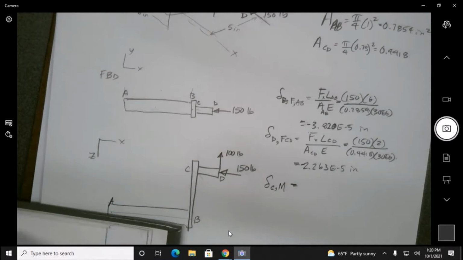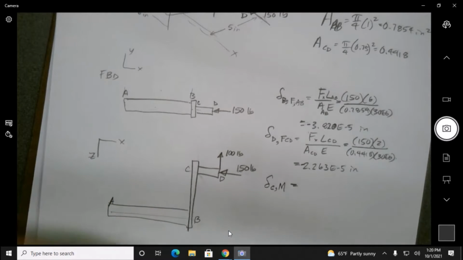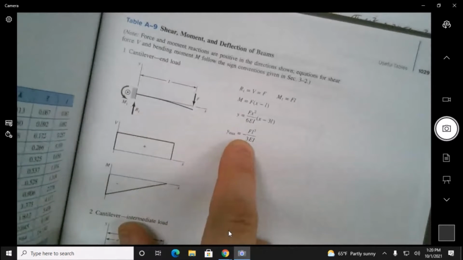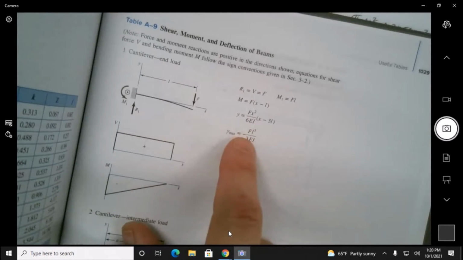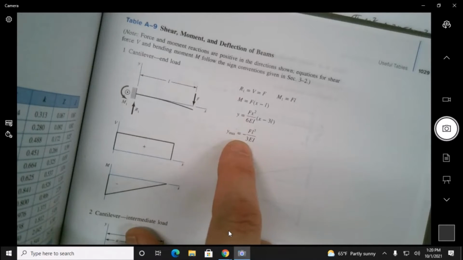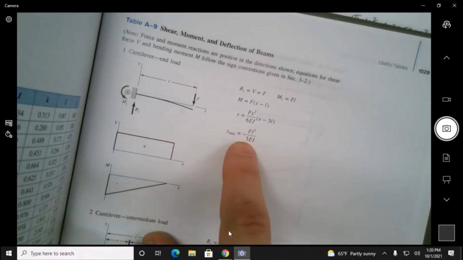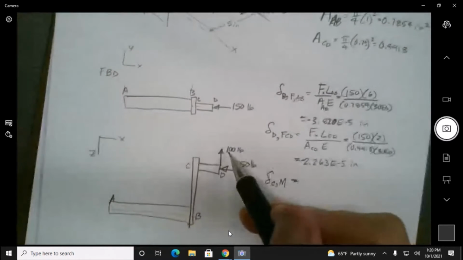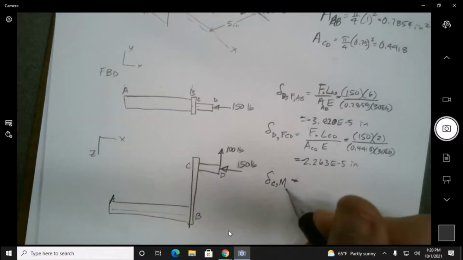And by the way, I don't know the solution to this problem off the top of my head, so it's always fun, exciting. It's going to be this one, right? Yeah. And this is simply going to be because of Fx. So this first one is going to be because of Fx, but you might be looking at this 100-pound load, and we want to talk about that.